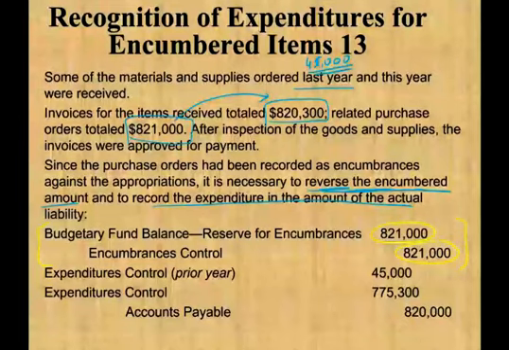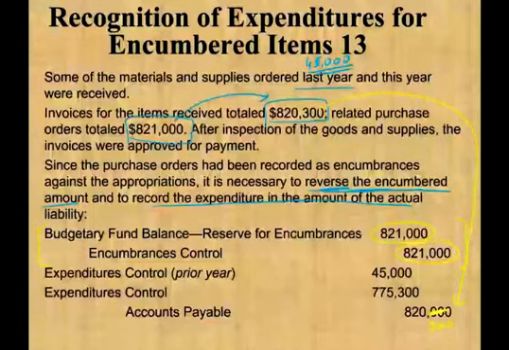I think I made a math error here. Just give me 1 second. 45,000 plus 775,300 is 820,300. So the accounts payable is $820,300. Again, this is the actual expenditure. So we're not going to pay 821, we're going to pay 820,300. That's an error from my end.